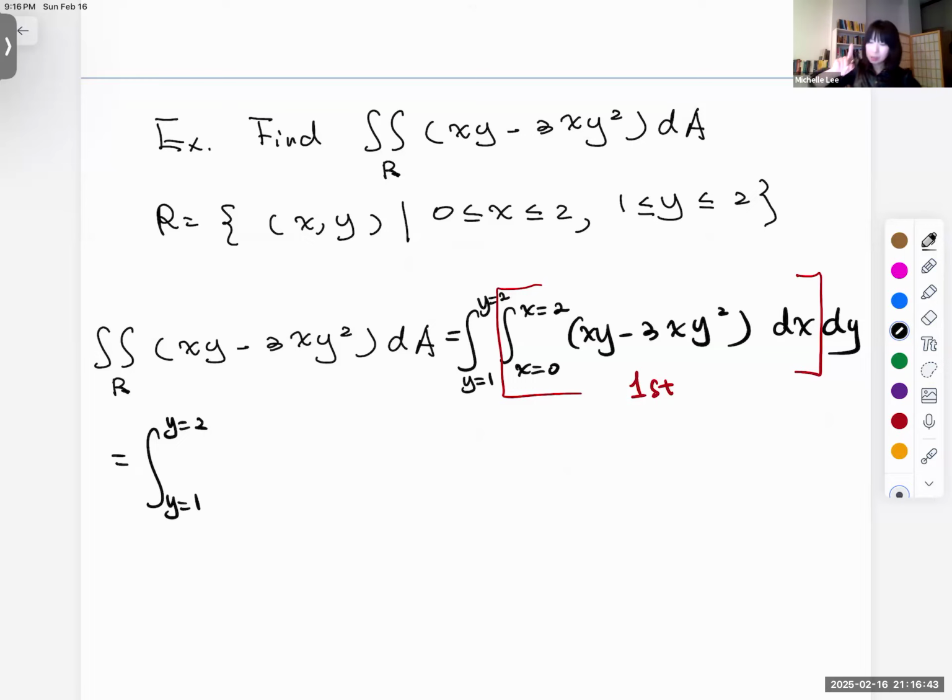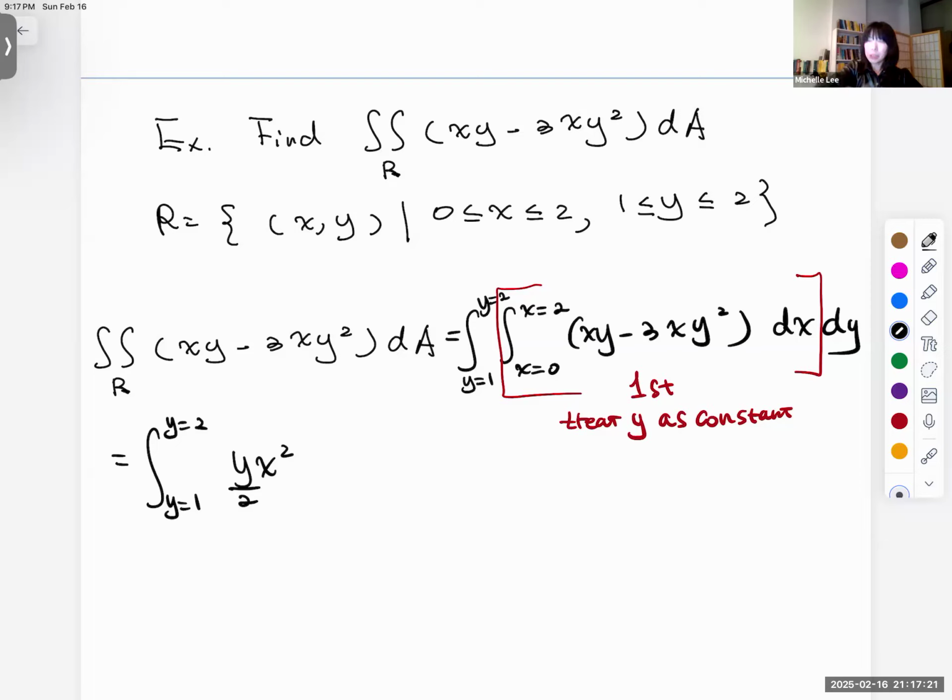All right, so y equal to 1 to y equal to 2. All right, the first term. So we treat y as constant. So first term, what do you get? Y is constant. So x squared over 2, but y is constant, so we keep the y, right? Okay.